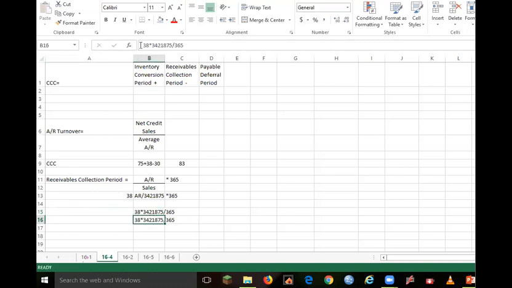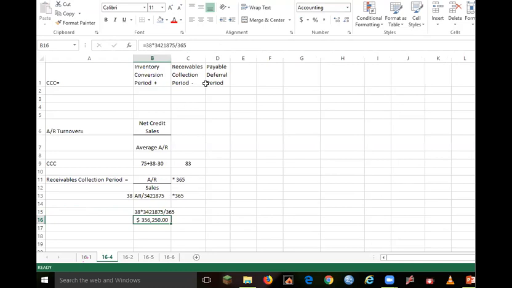So accounts receivable would be 356,250. Here is the dollar amount. So this is accounts receivable. Okay.